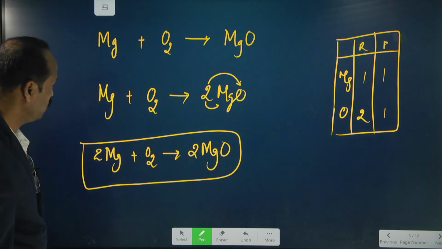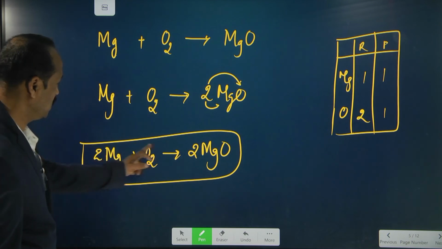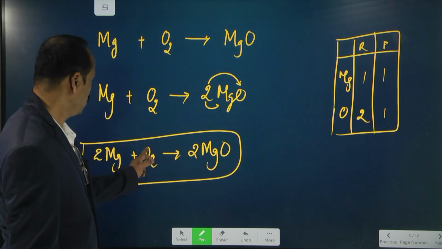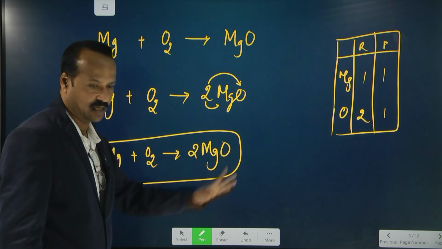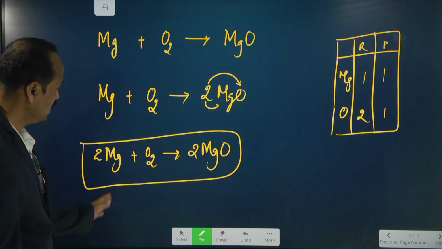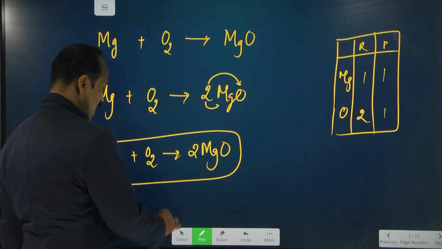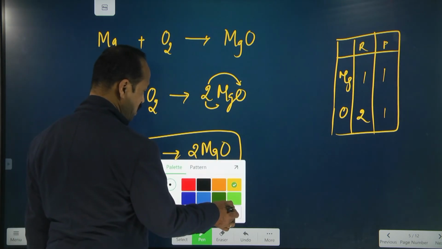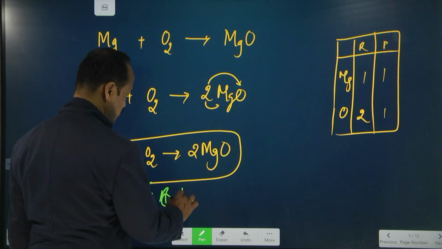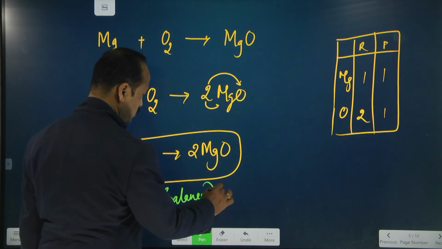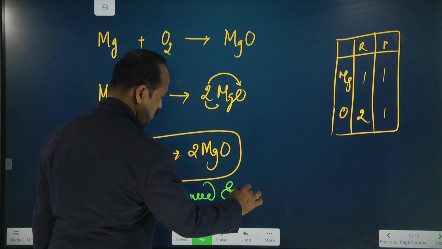Now if you check, two magnesiums here, two magnesiums here, two oxygens here, and 2 in front of magnesium oxide means two oxygens here. So now it is balanced. This equation is called a balanced equation. Clear?